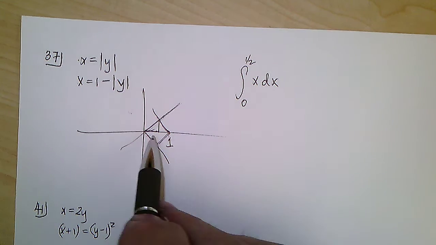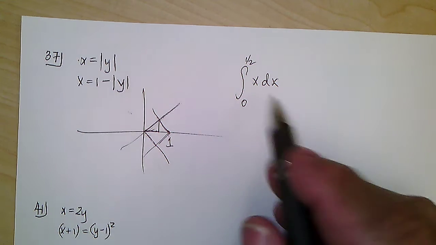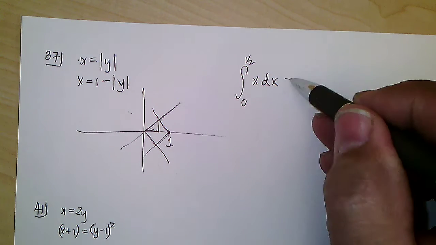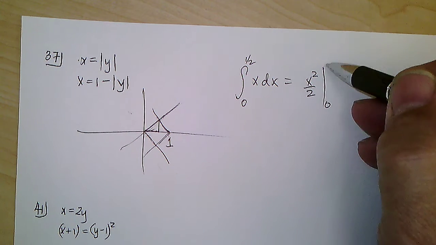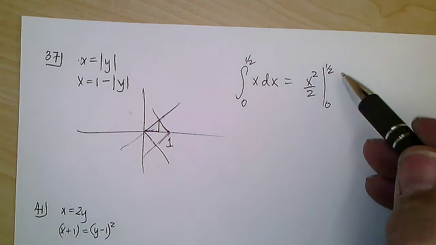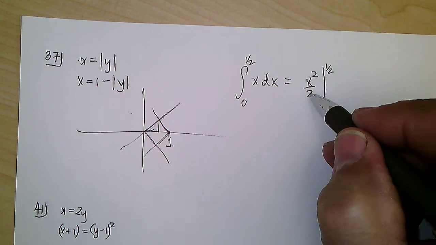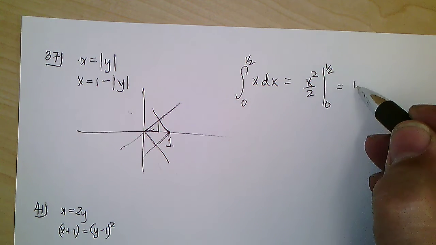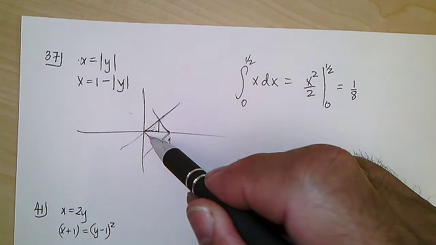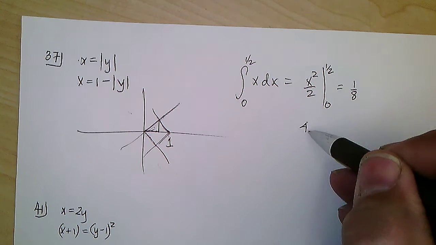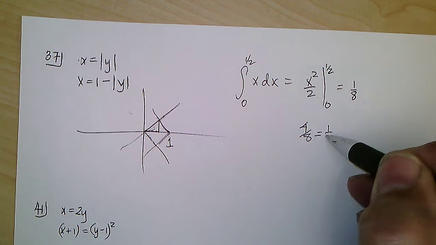Or we can do the other direction, but that's all we have to do, which is going to be x squared over 2 evaluated from 0 to 1/2. Putting in 1/2 in there, and we get 1/4 divided by 2, which is 1/8. The area, that's 1/8, and we need 4 of them, so 4/8, which is 1/2.